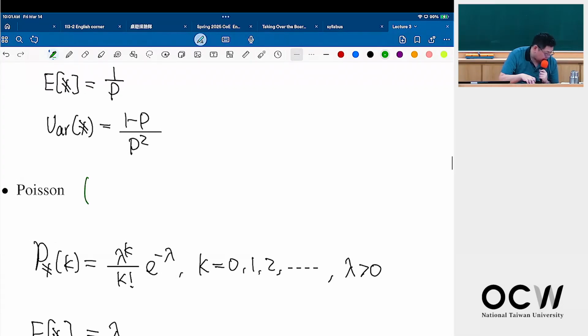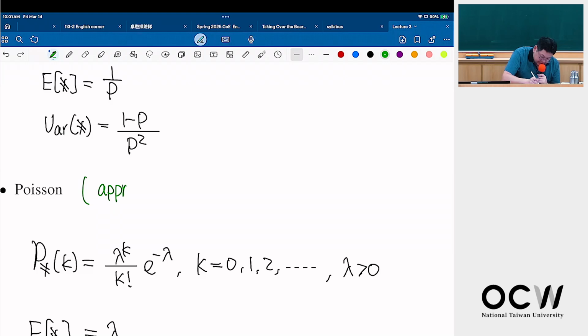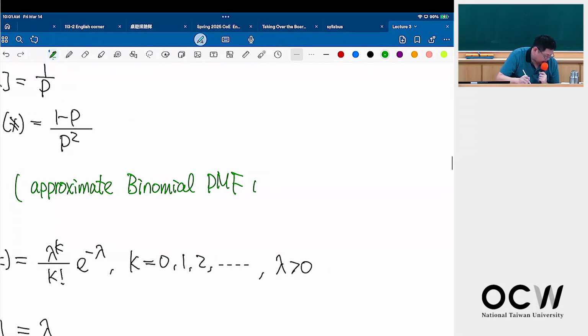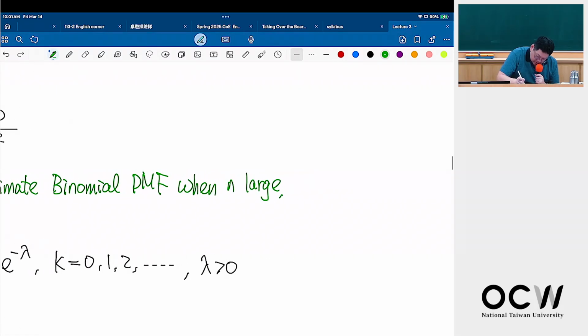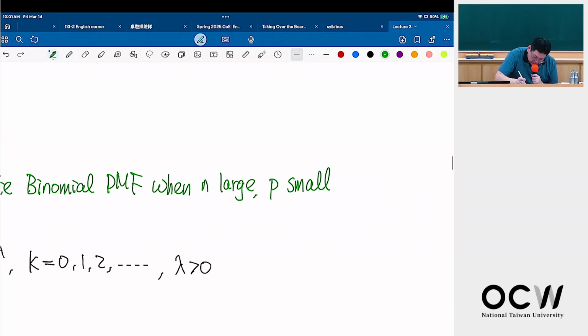And we can approximate the binomial PMF when n is large and p is small, and lambda is n times p.